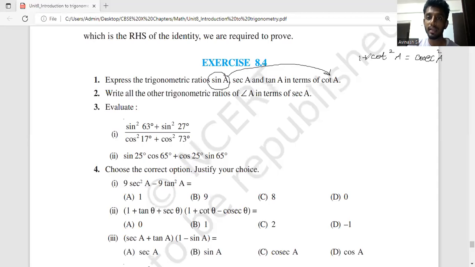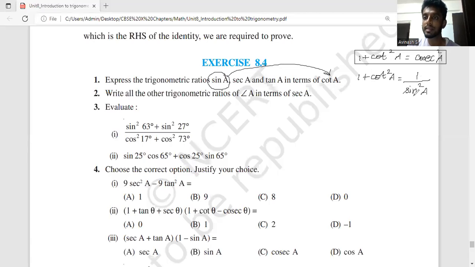So now we take a trigonometric identity, which is the third identity, which is 1 plus cot square A equal to cosec square A. So thereby I'm able to bring an element of cot A. But we are supposed to represent sin A in terms of cot A. So what we do here is, we are not going to disturb the cot term, which is 1 plus cot square A. In the right hand side, cosec square A can be written as 1 by sine square A. And this is because we know very well that sine is the inverse of cosec.